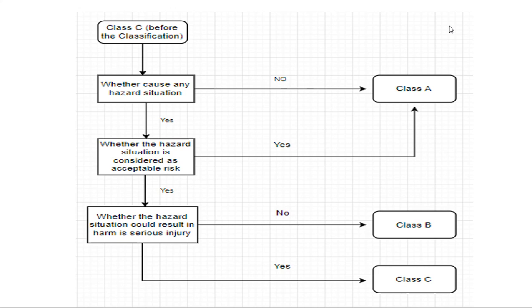Before the safety classification, all software is treated as Class C, and after those steps, we can see that Class A has the safest features, and Class B is in the middle, meaning it has some risks but not seriously injurious to the users. Class C can cause serious injuries to the users.